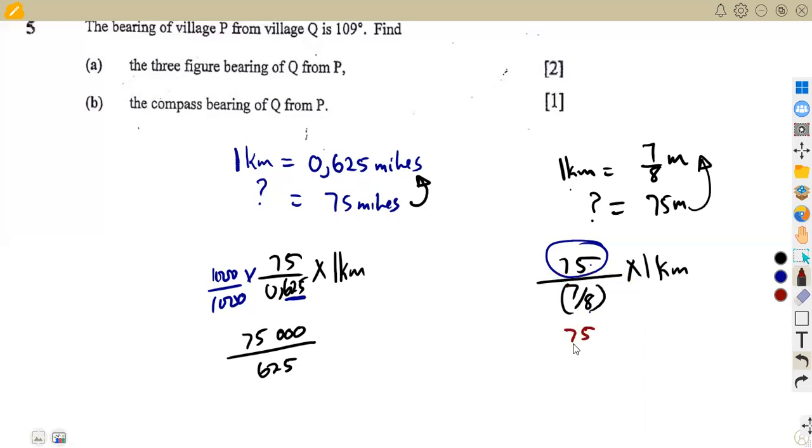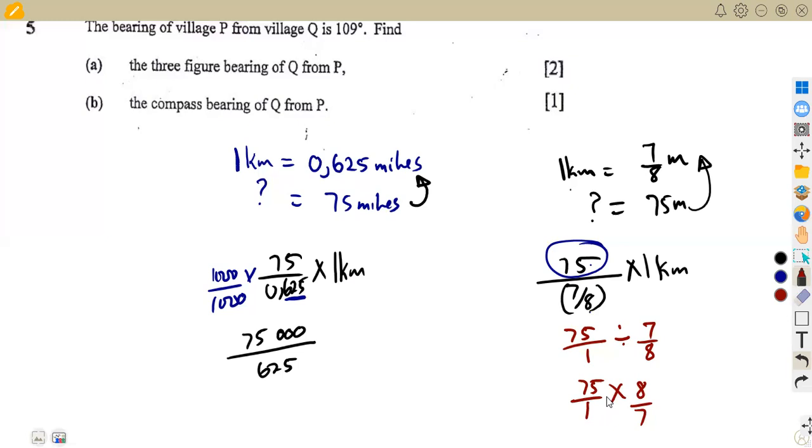This is the same as 75 over 1 divided by 5/8. So it means 75 over 1 times 8 over 5. I don't know if we are together, then we can reduce whatever part that we have.